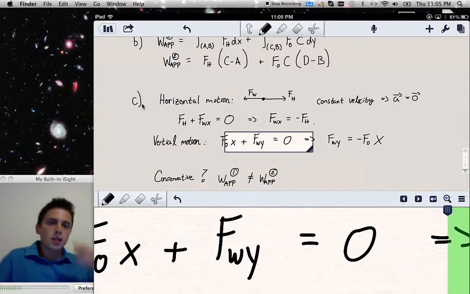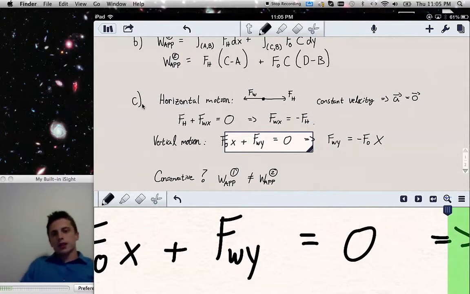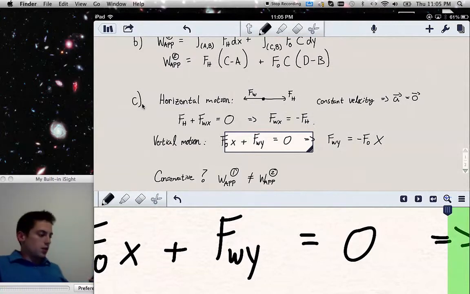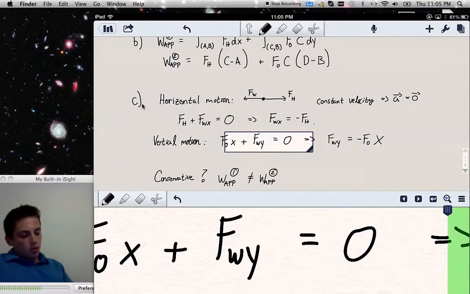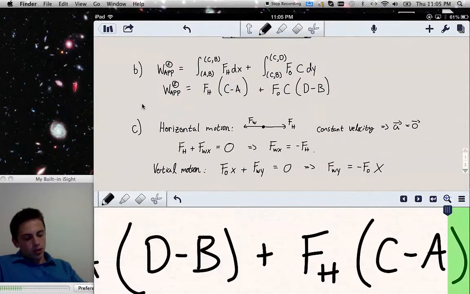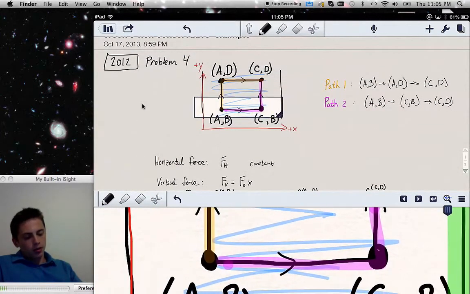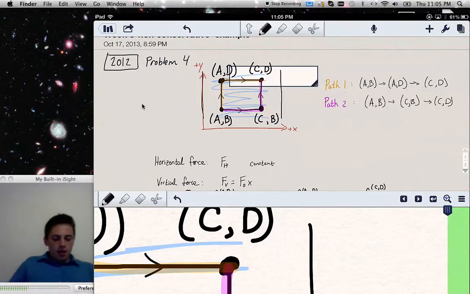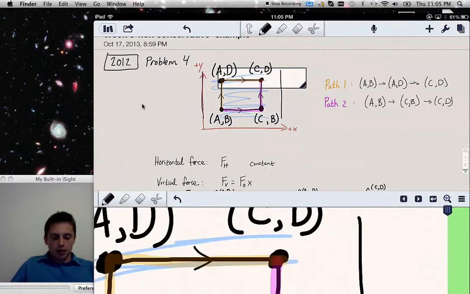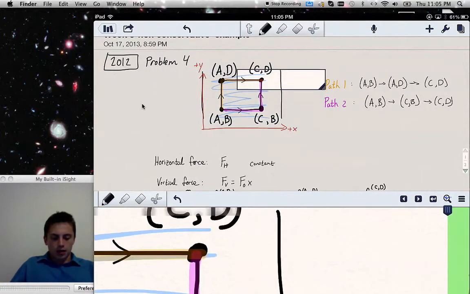And so we're asked, is this force of the water conservative? One of the criteria that's easiest to use to prove whether or not this is conservative is that the work done by a conservative force, so the work done by the water from AB to CD, would have to be the same no matter which path we take, whether we take this path or this path.